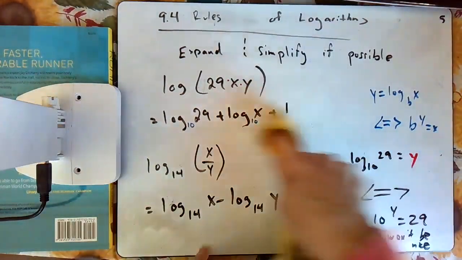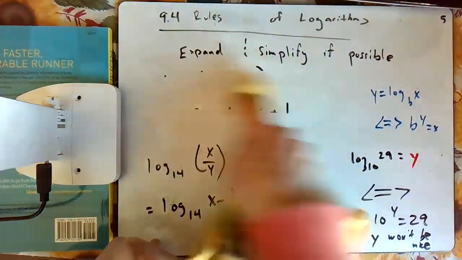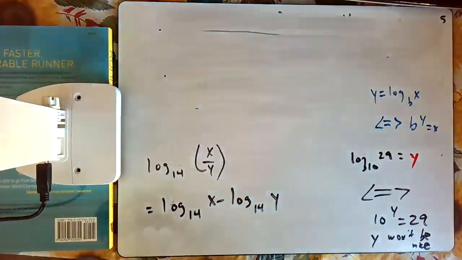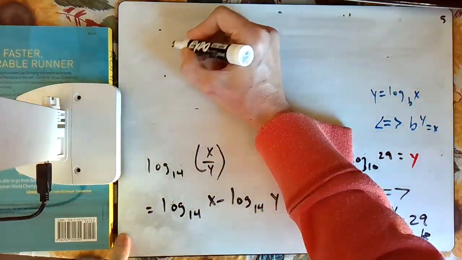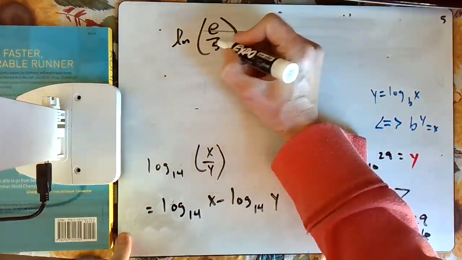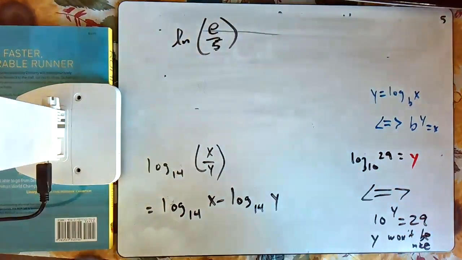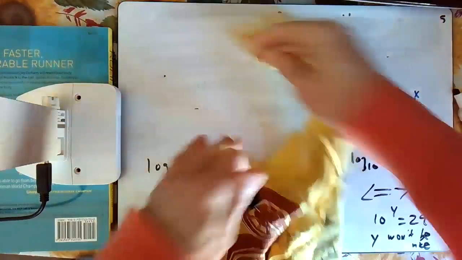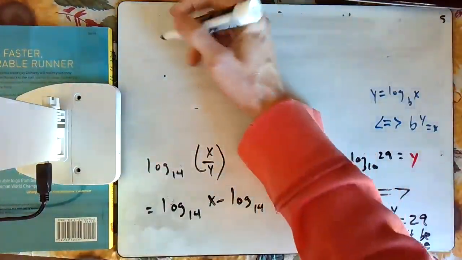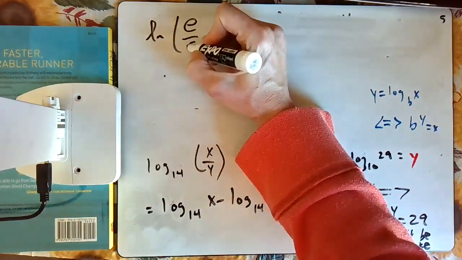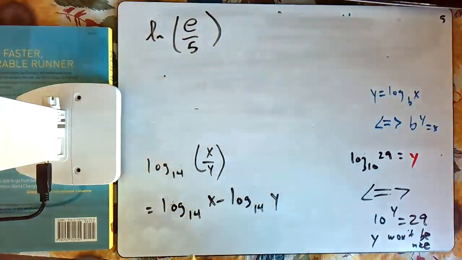Let's try natural log of e over 5. So remember, natural log is just a regular log, it's just a special log, right? With what? Do y'all remember? Who remembers? Raise your hand, right?